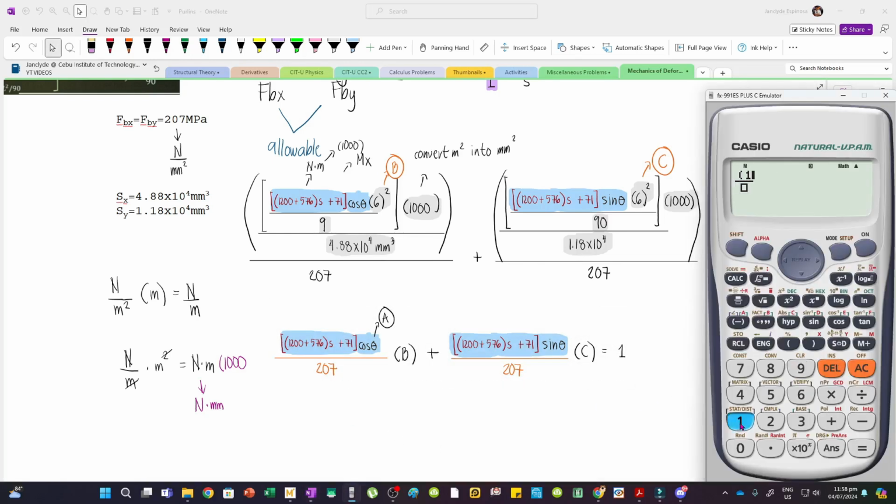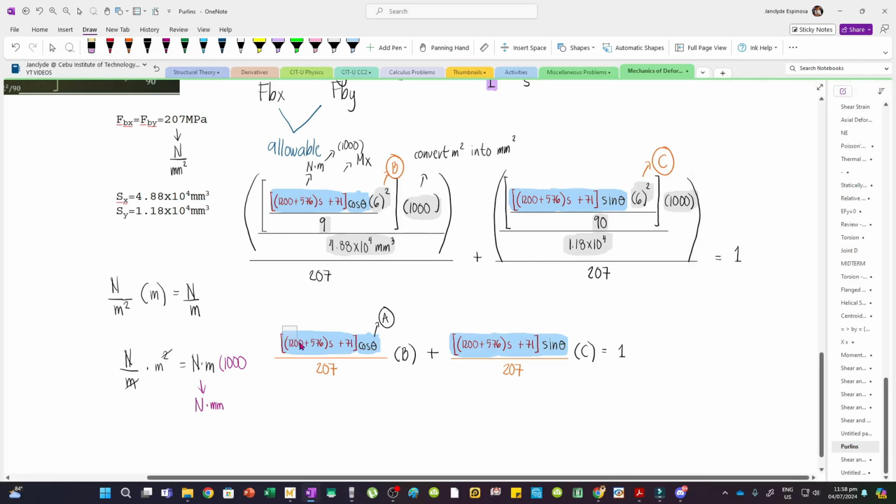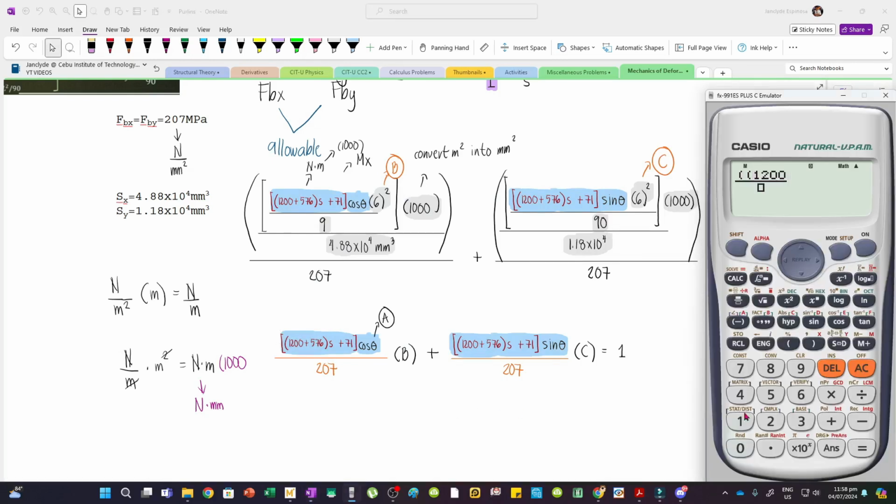So, I have 1,200. By the way, lagay mo to inside a parenthesis kasi we are multiplying this expression by S. So, 1,200 plus 576 multiplied by S. So, times X. And then plus 71. This whole expression is multiplied by cosine theta. So, cos of A. Yan.